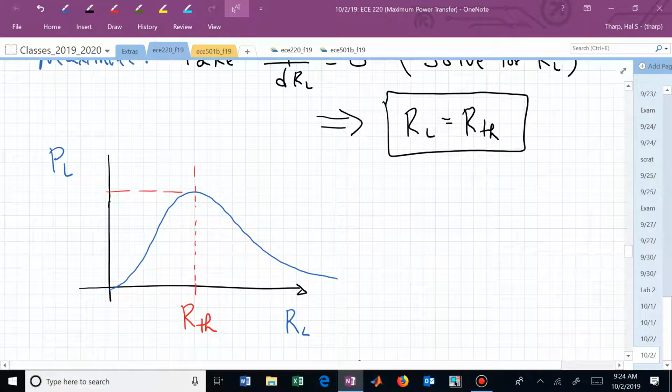But here is the picture. We had one extreme when R sub L was 0, the power, P sub L, was 0. We had the other extreme when R sub L went off to infinity, P sub L vanished.